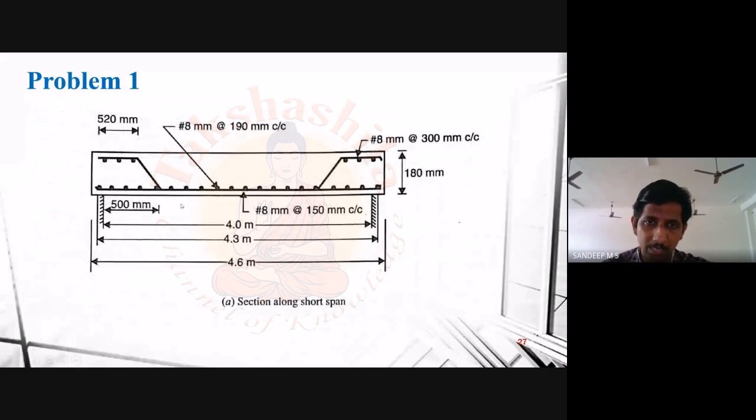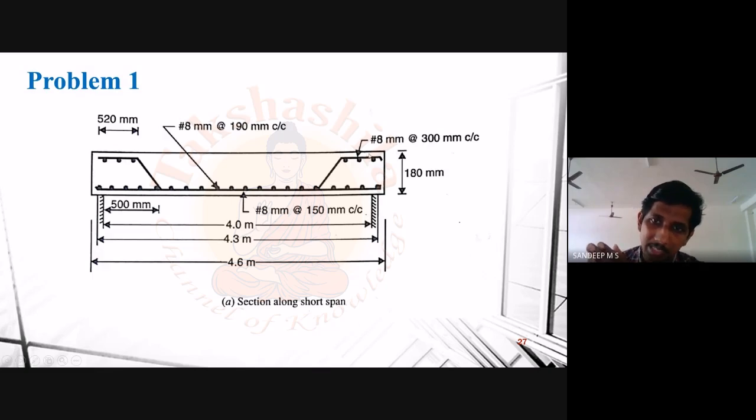This is your shorter span, and you can see 8 millimeter. This hash represents HYSD bar. Okay, this hash actually represents HYSD bar. 8 millimeter diameter at 150 millimeter center to center, and you can see that this line is representing this one, 8 millimeter at 150 millimeter C by C. And again, if you see here, some of the bars are actually bent up, even though we have a discontinuous edge here.